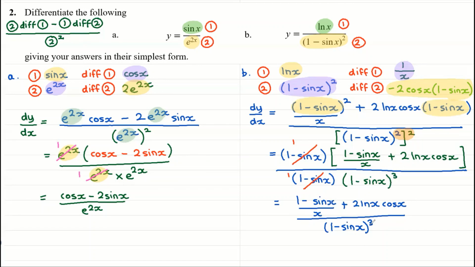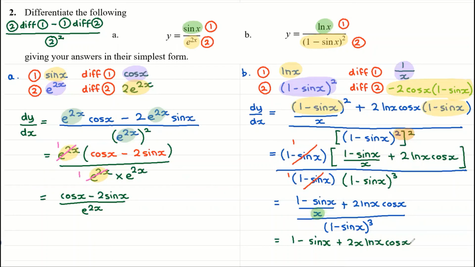So what I'm going to do to make this look a bit better, I'm going to multiply every single term by x, by this denominator here. If I do that, I create an equivalent fraction which doesn't contain fractions within it. Right, so this is the last step now. So this is going to equal finally 1 subtract sine x, okay, which will clear the x off the bottom, plus 2x natural log of x cos x.